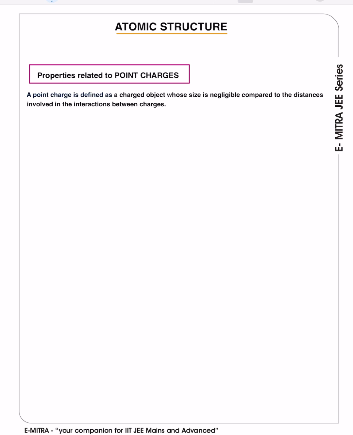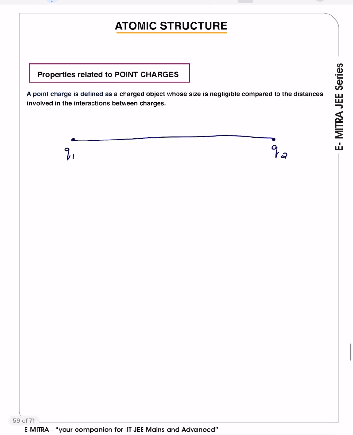And let's understand it in an easy way: suppose you have a charge q1 and it is kept very far away from a charge q2 such that the distance between q1 and q2 is very large, very large as compared to the size of q1. Distance is very large, the size of q1 is not comparable at all with the distance between q1 and q2. Then q1 can be considered as a point charge.